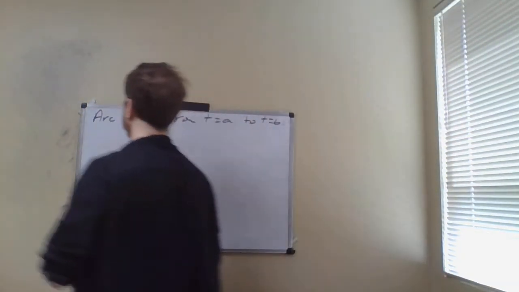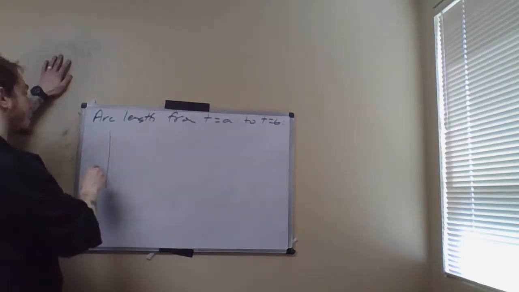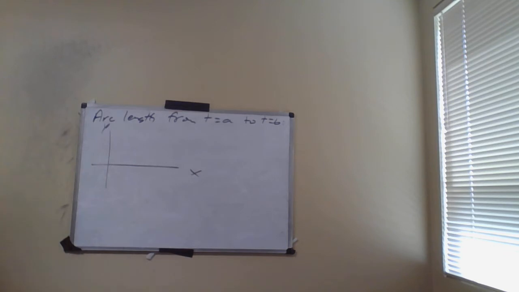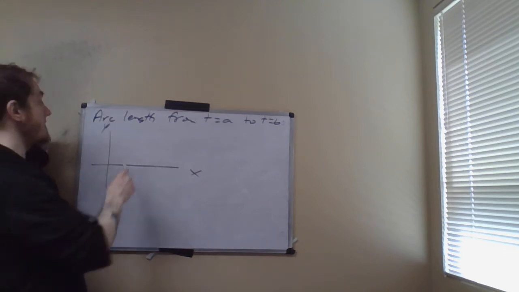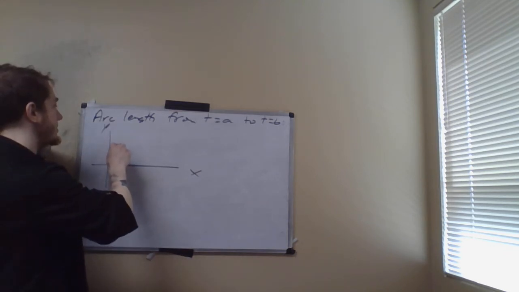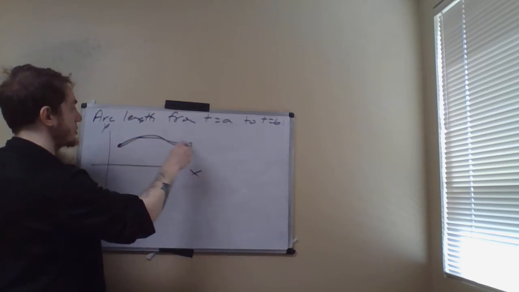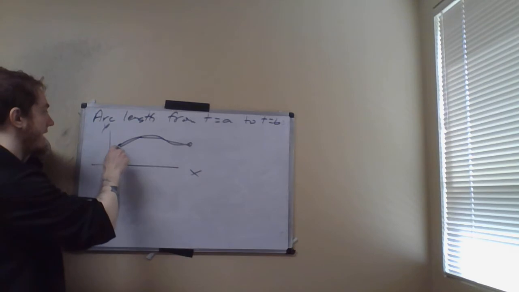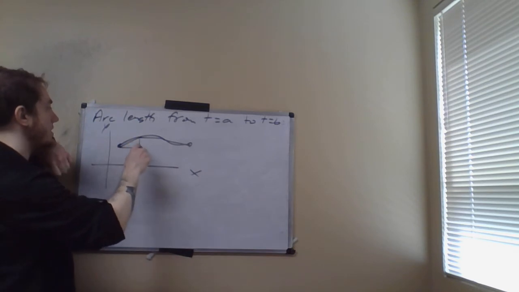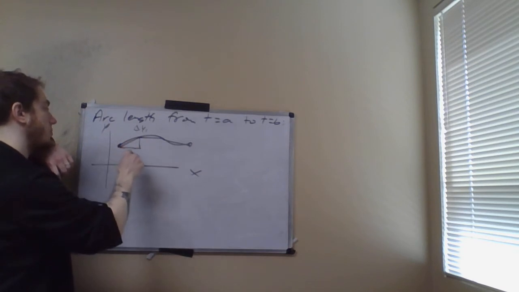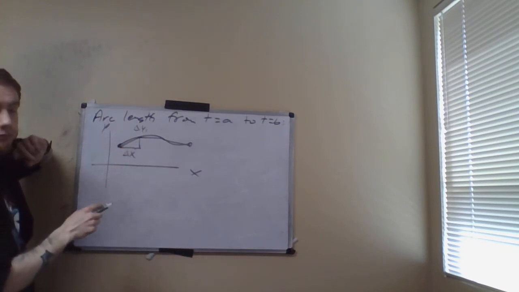The reason is that in order to find the arc length, let's think back to what we did when we calculated arc length the first time, right? What we did the first time is we said, okay, we have some kind of a curve, and we're going to split it up into a bunch of straight lines. And then on each of these lines, we're going to have some sort of change in y and some sort of change in x.